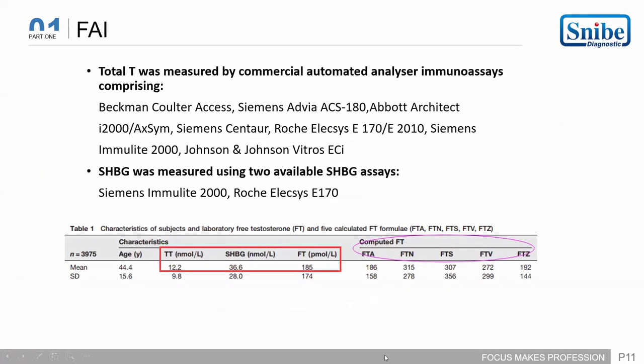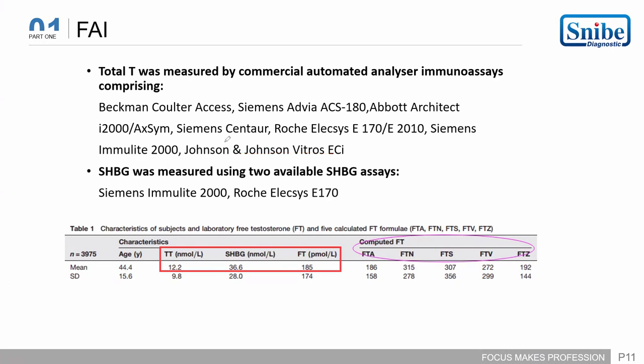Total testosterone was measured by commercially available immunoassay analyzers, which include Beckman Coulter Access, Siemens Advia, Abbott Architect i2000, Siemens Centaur, Roche Elecsys E170, Siemens Immulite 2000, and J&J Vitros. These are the instruments used for total testosterone, and SHBG was measured using two available assays, the Immulite 2000 and Roche Elecsys E170.